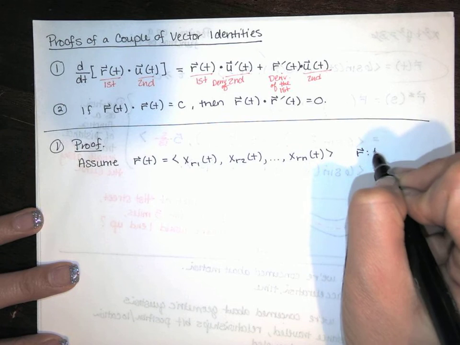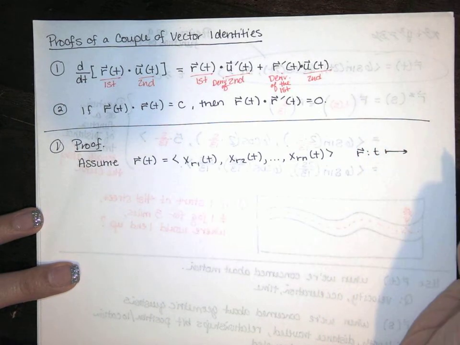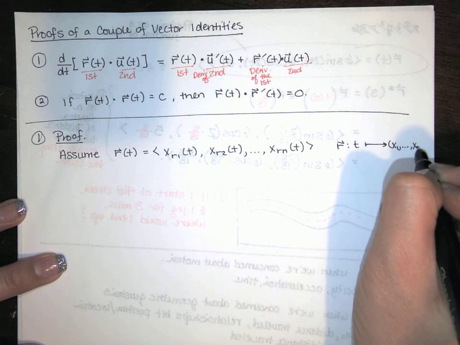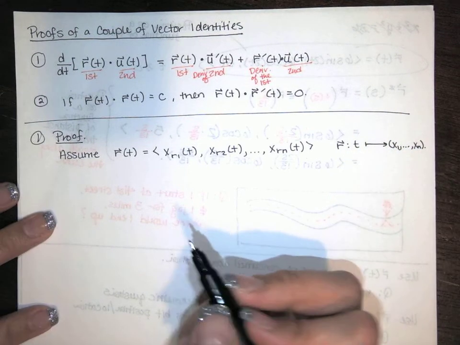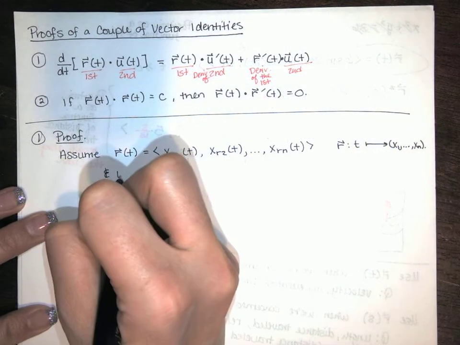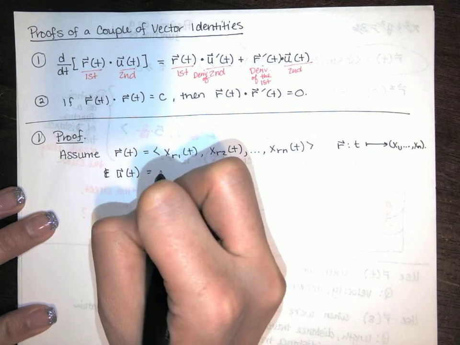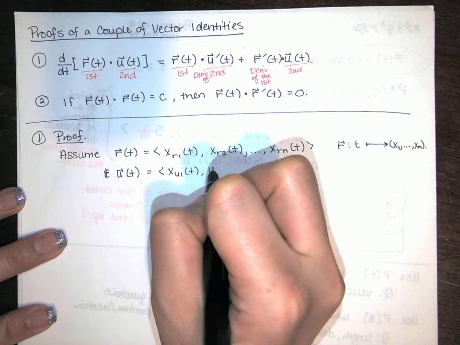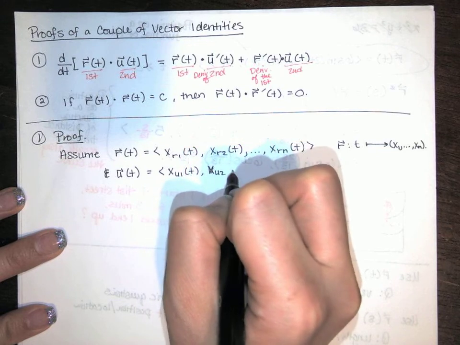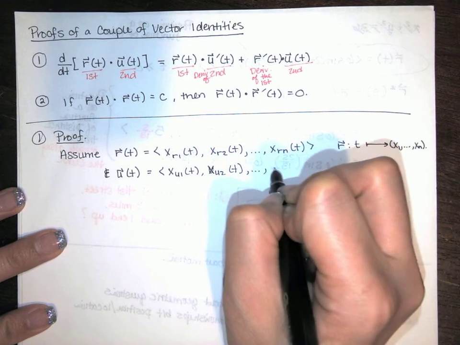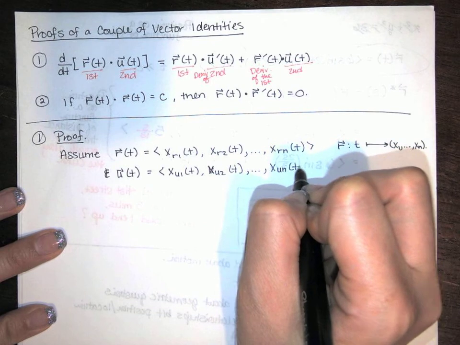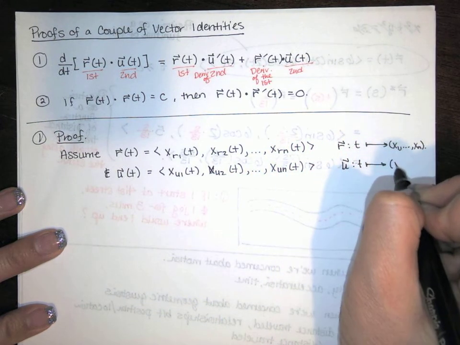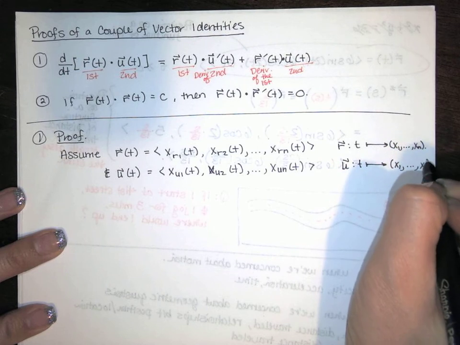So r takes a number t and it maps it to a point in n-dimensional space, mapping it to x sub 1 through x sub n using this function. And similarly, u is going to do the same thing. So I'm going to call this x sub u1 of t, x sub u2 of t, all the way through x sub un of t. So u takes a number t and it maps it to a point in n-dimensional space as well.